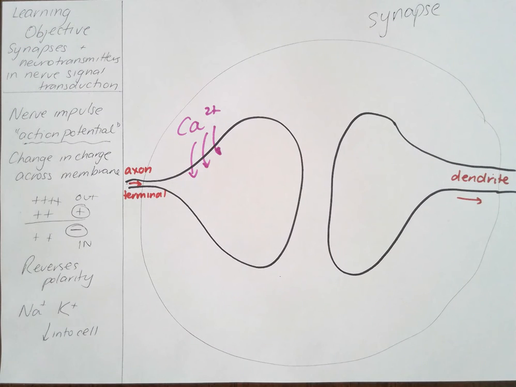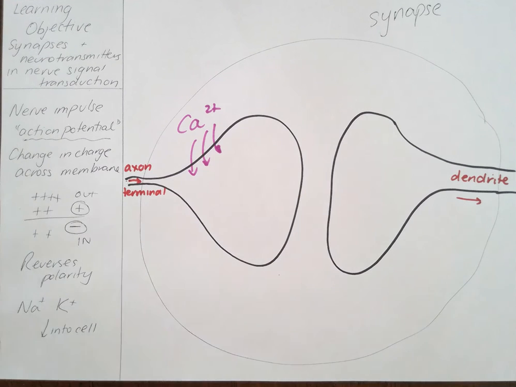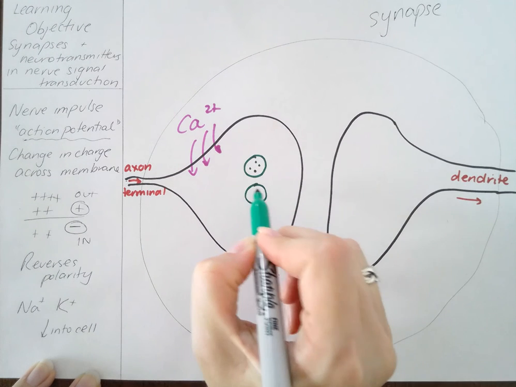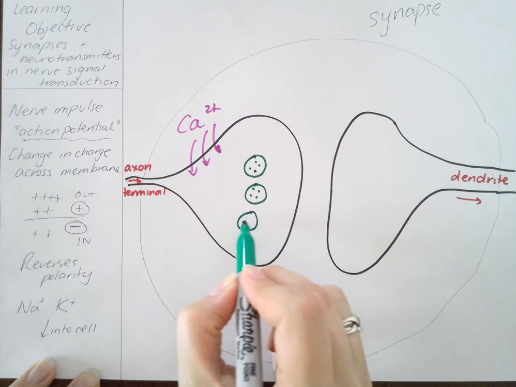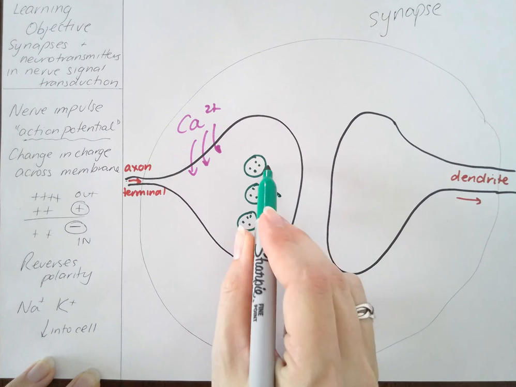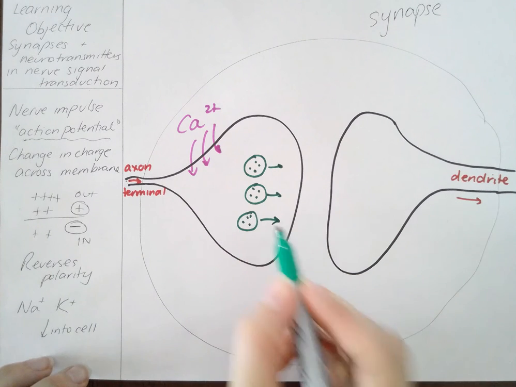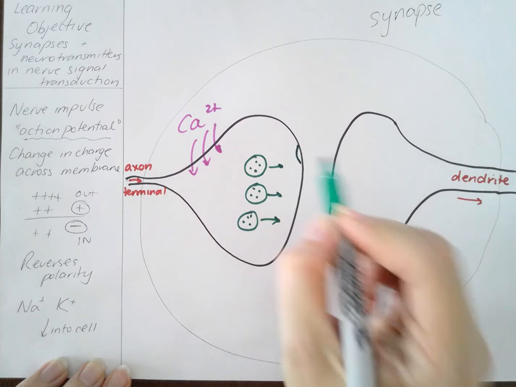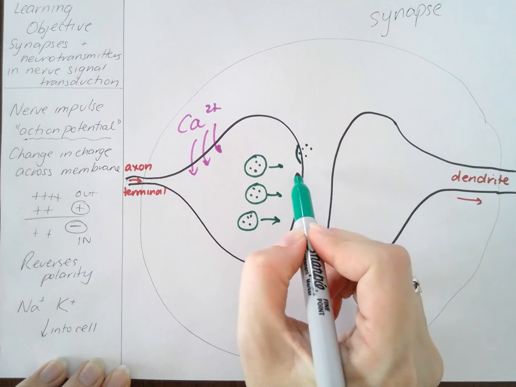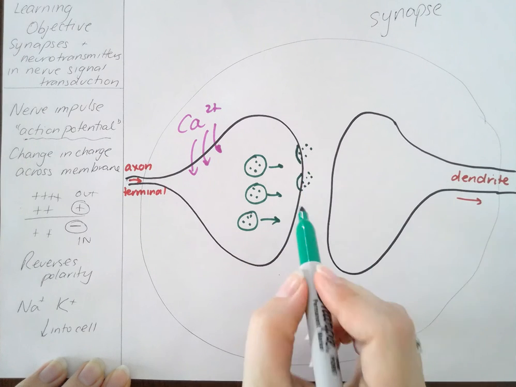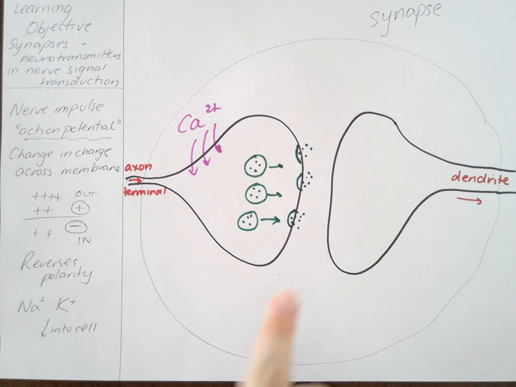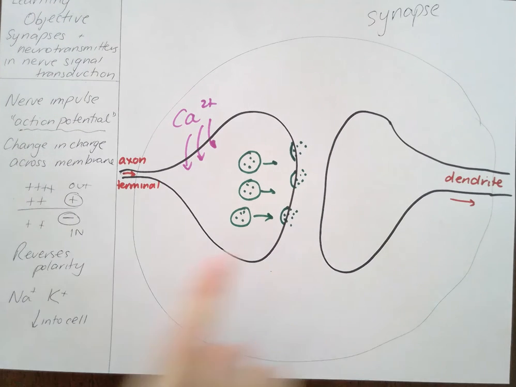Because the calcium is flowing in, neurotransmitters start to be pushed in vesicles towards the end of the axon terminal, by exocytosis, meaning that those vesicle bubbles connect and push out that chemical messenger, those neurotransmitters, into the gap between one neuron and the next.